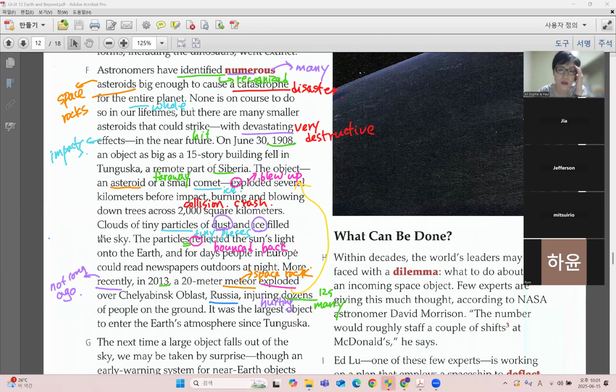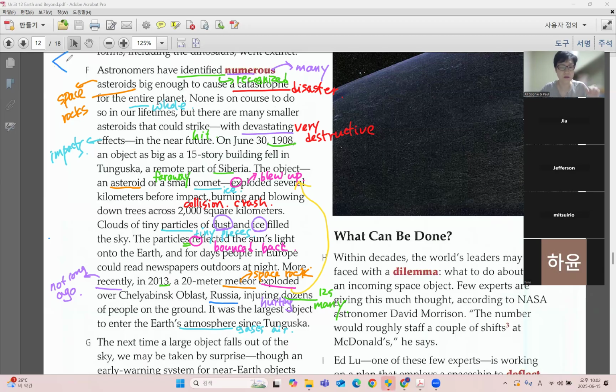And it was the largest object to enter the Earth's atmosphere, the gases or air around the Earth, since Tunguska. So you know that the first one was the ancient case.